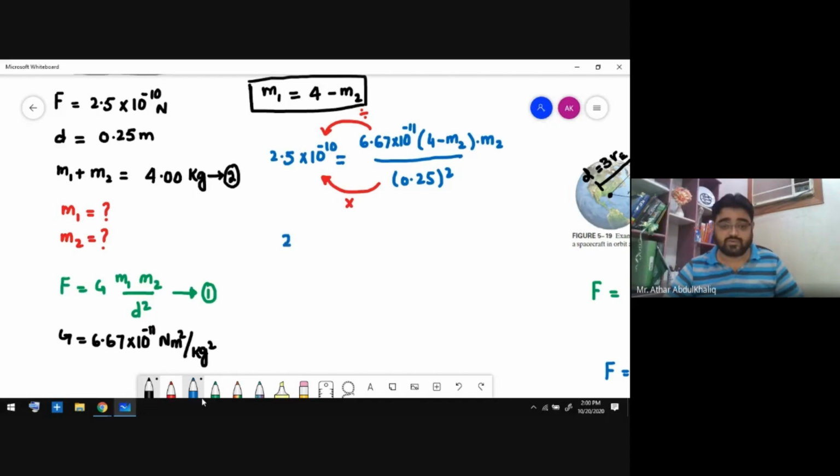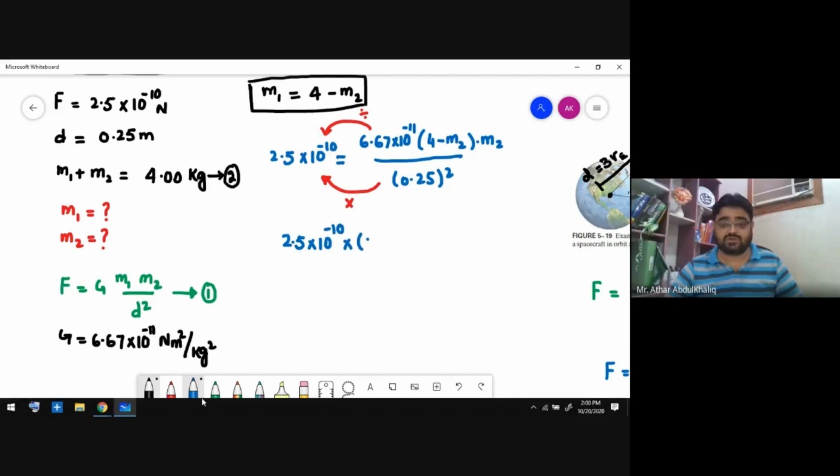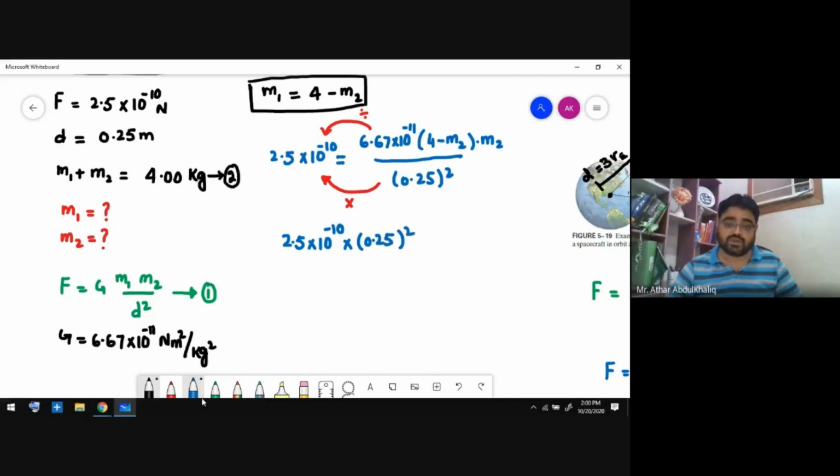It will be 2.5 times 10 to the power negative 10 times 0.25 squared, divided by G, which is 6.67 times 10 to the power negative 11, equal to 4 M2 minus M2 square.